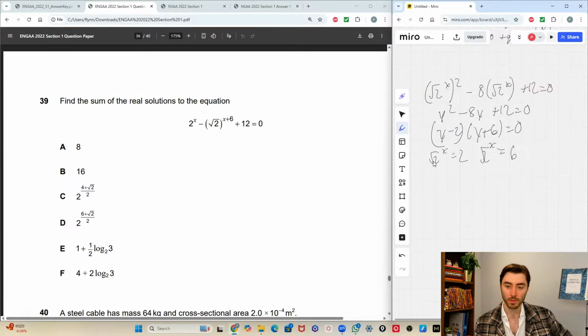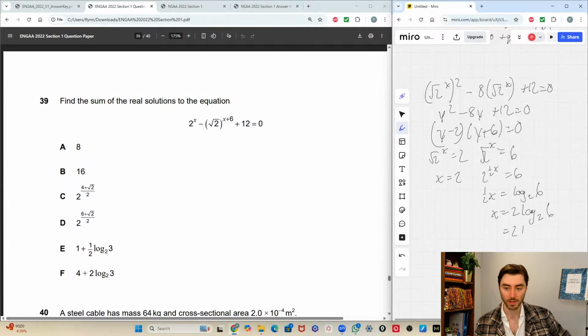So x is equal to 2 on this one. And here, that is 2 to the half x equals 6. So a half x is equal to log base 2 of 6. So x is equal to 2 log base 2 of 6. And the sum of them is 2 plus 2 log base 2 of 6.